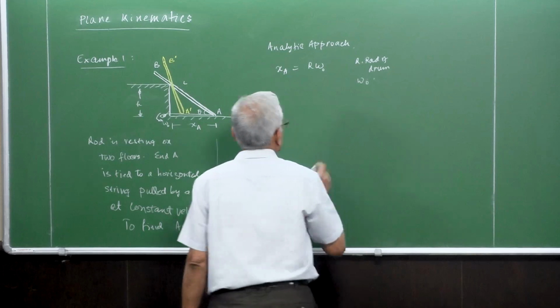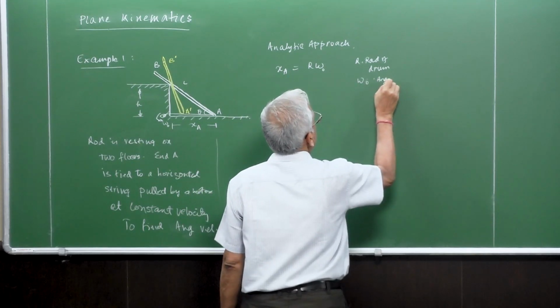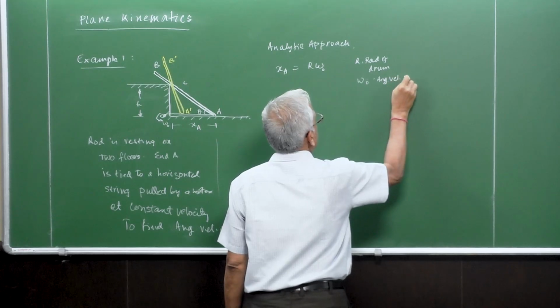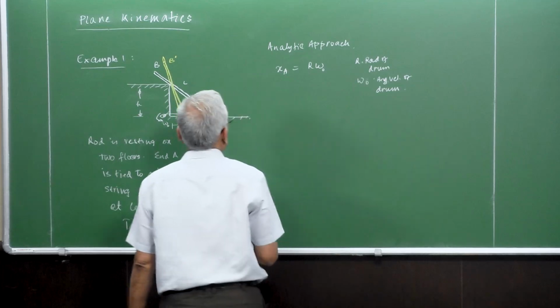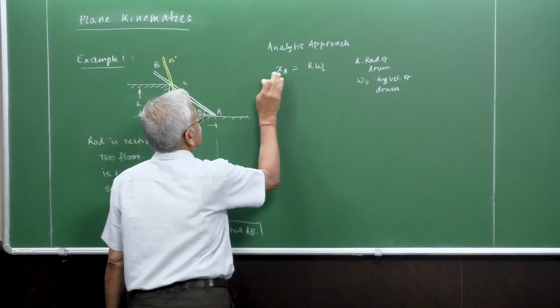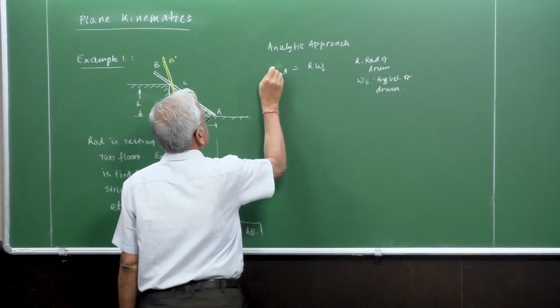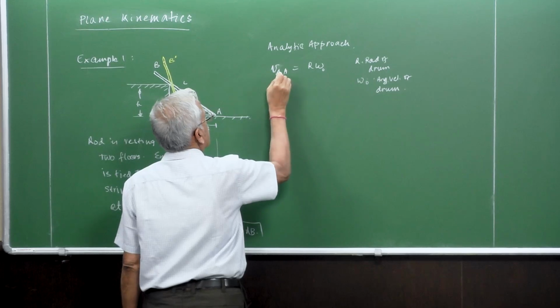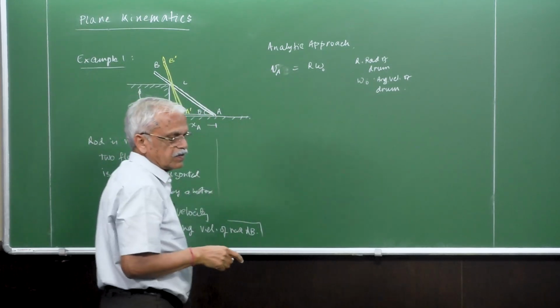Given omega naught, we can find out, I'm sorry, this is actually angular velocity. So angular velocity multiplied by this will give you the linear velocity here.